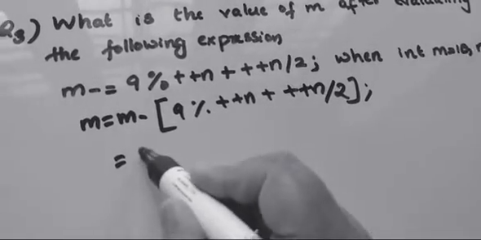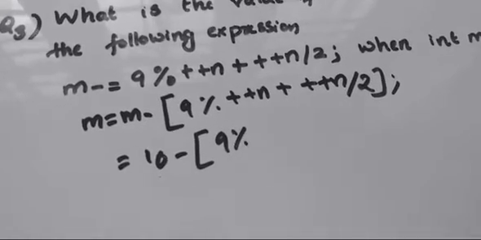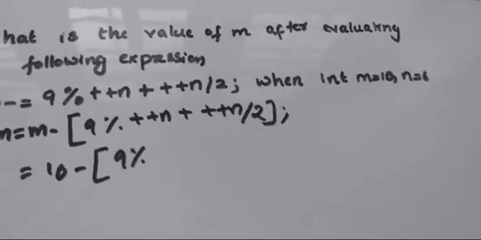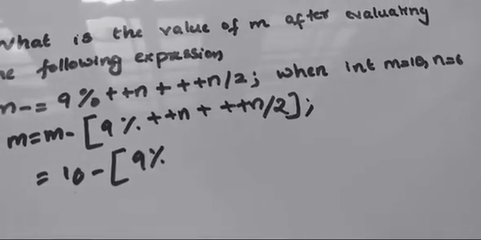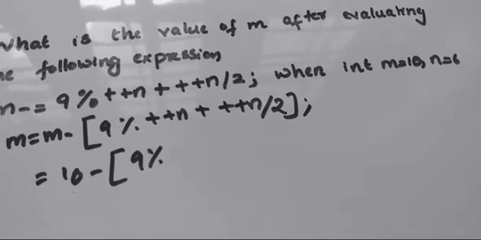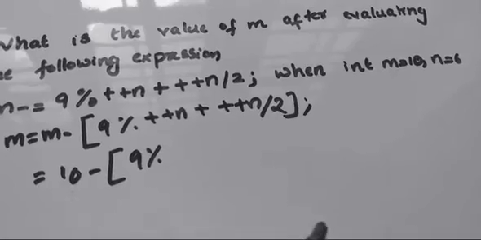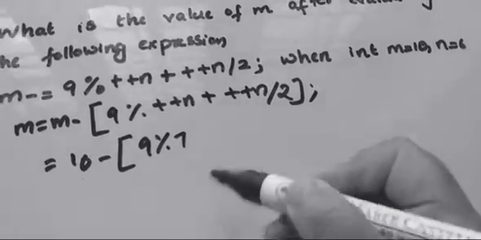It is 10. 10 minus 9 mod ++n. What is the value of n? It is 6. What is ++? It is pre-increment, that is first increment, then use. So 6 plus 1 incremented, that is 7. First incremented, then use. So we have used it.